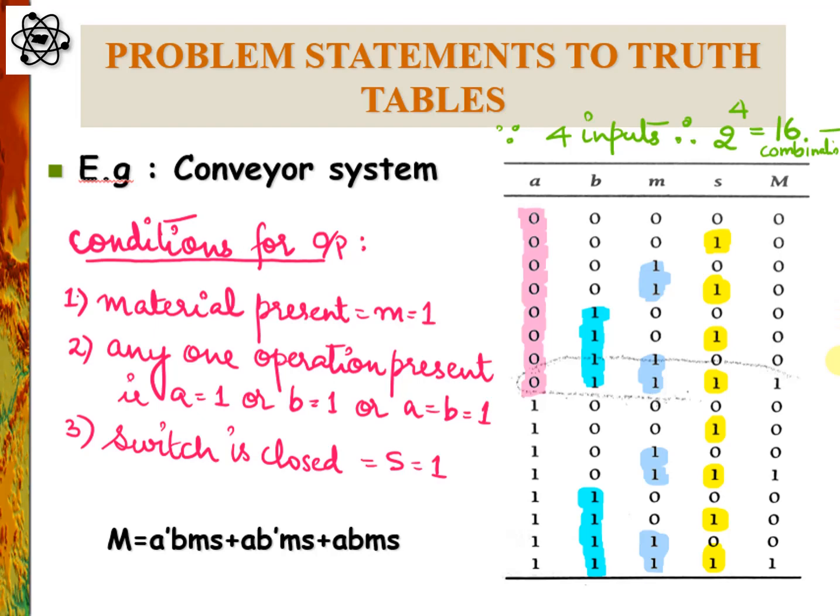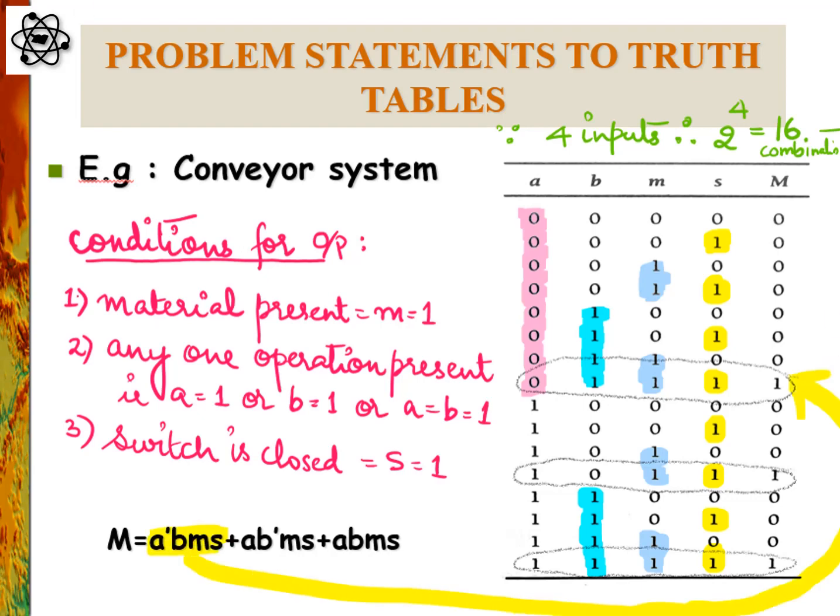Thirdly, the switch should be closed, that is small s should be equal to 1. You can observe that the output capital M is equal to 1 when all the 3 conditions are satisfied, and this can be represented in terms of a Boolean expression as shown.